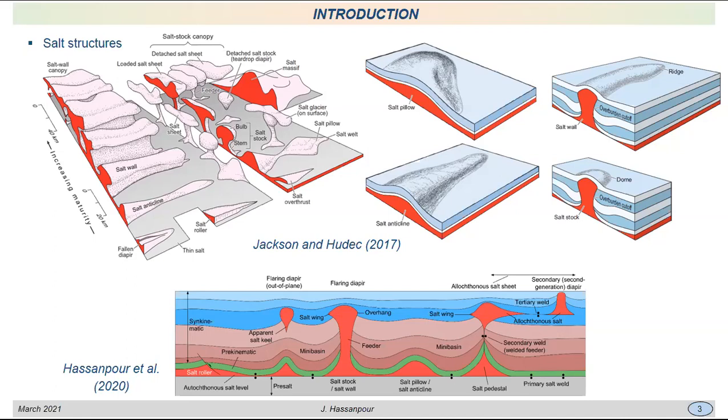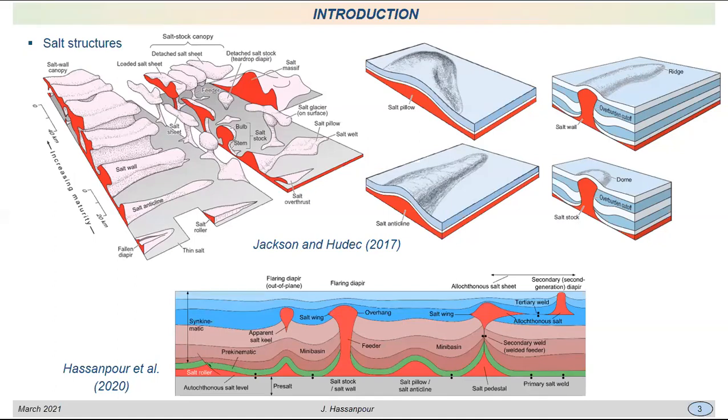To distinguish whether a given diapir is a salt pillow, salt anticline, stock, or wall, we have to look at its shape in 3D and map view, if it is elongate or roughly equant, and also at the cross-section view to distinguish between, for example, salt anticlines and salt walls.